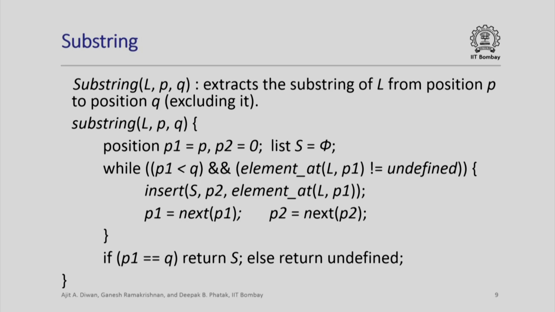So, we will keep inserting in S, which will be an empty list, one element after another at successively increasing positions starting from 0, and position P1 will start from P, and as long as P1 is less than Q, it will keep inserting the elements in S. Only thing is, if say P was greater than Q, then the substring is not defined at all, then we will not insert anything in the list S. And similarly, if the position Q specified is after the end of the list L, so that is at some point we get the element at position P1 in L is undefined, then we will not consider it as a proper substring.